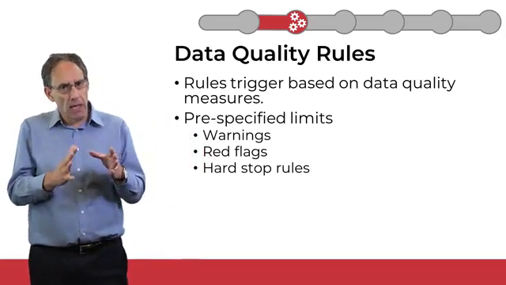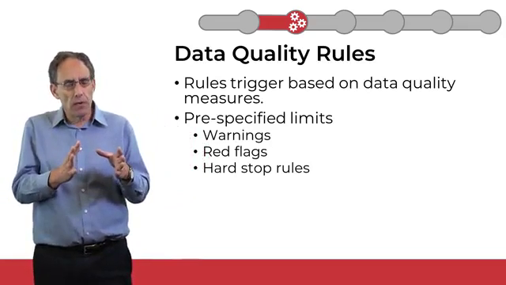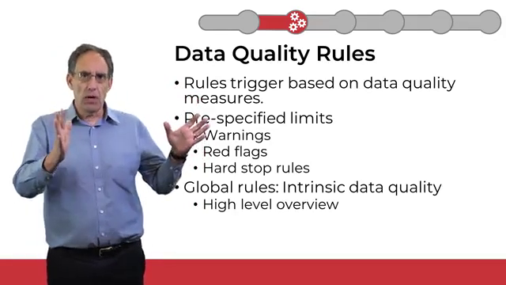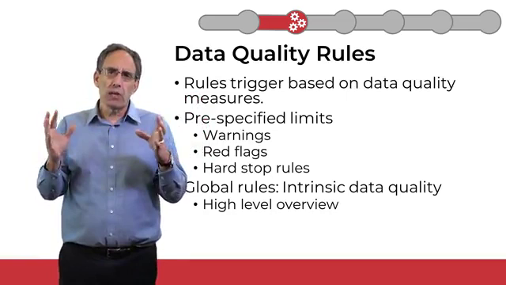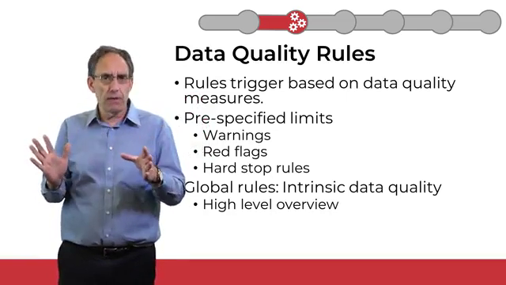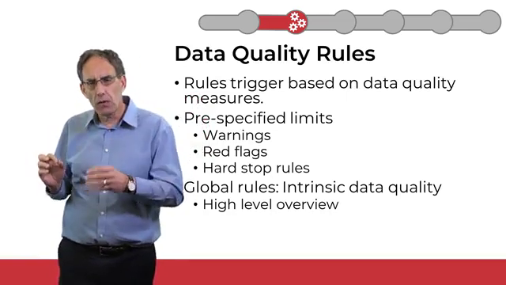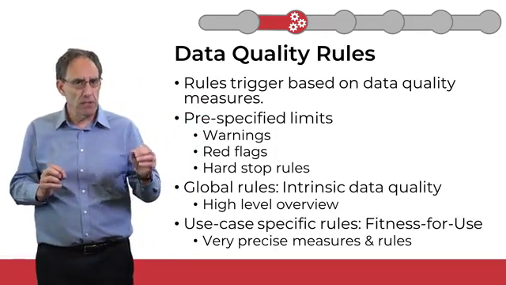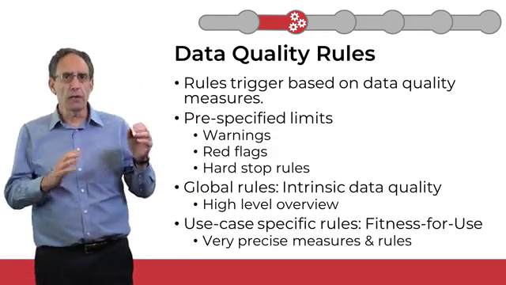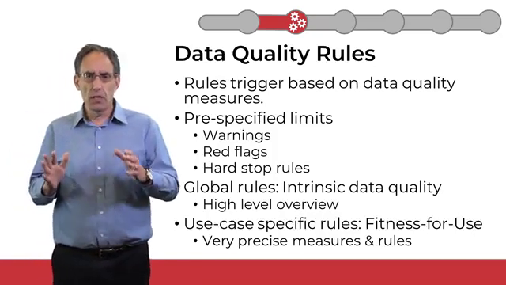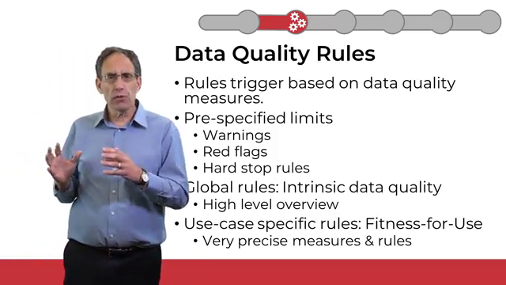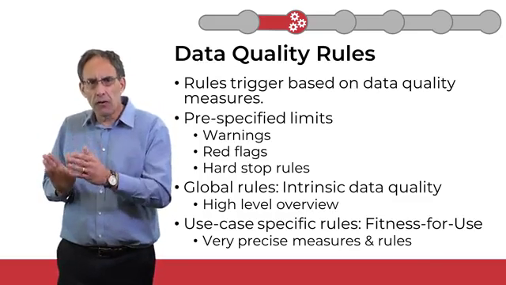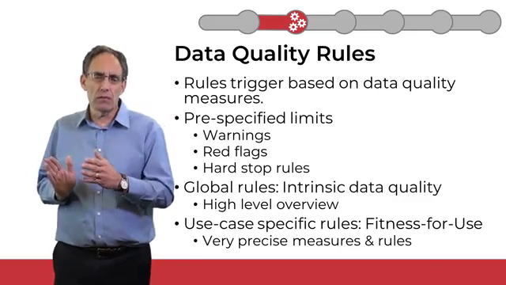Rules also may be categorized by their scope. Global rules measure intrinsic data quality, which are global data quality properties that are not specific to a particular use case or analysis. Rules that are created for a specific use case are called fitness for use rules. Fitness for use rules are extremely narrowly scoped, looking at a narrow range of variables and values.